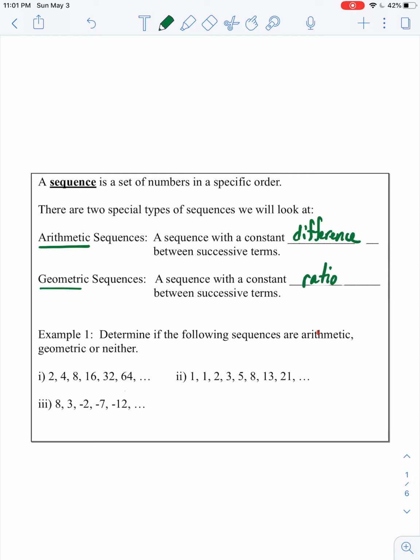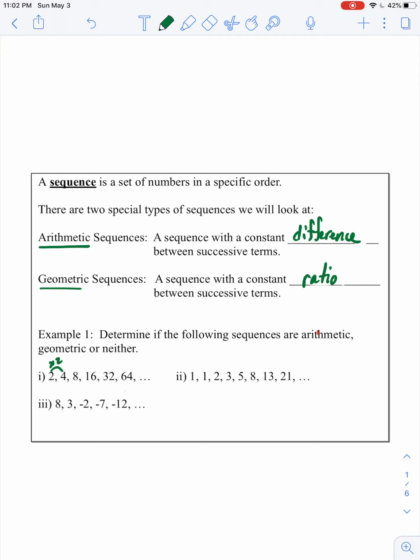So let's take a look at a couple of examples. Determine whether the following sequences are arithmetic, geometric, or neither. If you look at the first one, what's happening each time is I'm multiplying by 2.